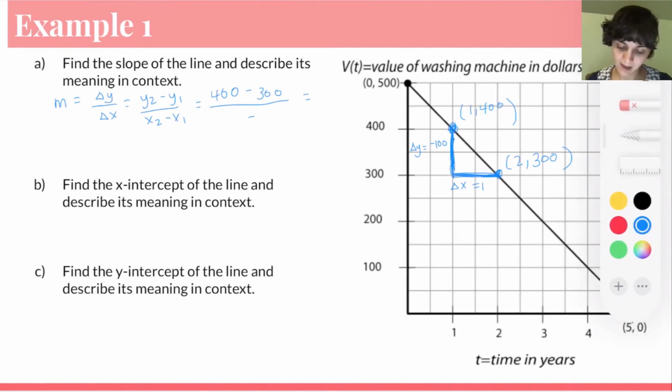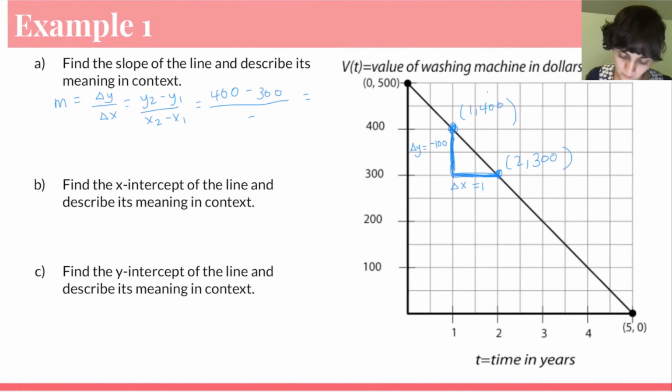If I said that 400 was y2, that means my x2 is 1. And if my 300 is y1, that means 2 is x1. So then when I plug in x2, I will say this is 1 minus 2. There we go. Thank you for finding my mistake for me.